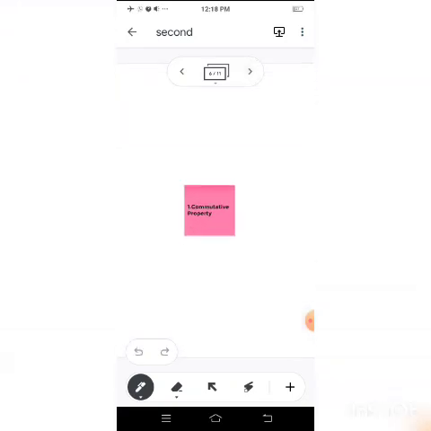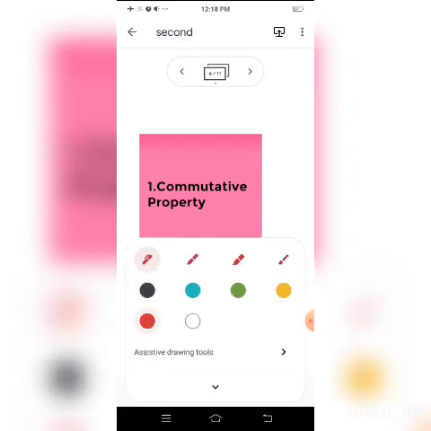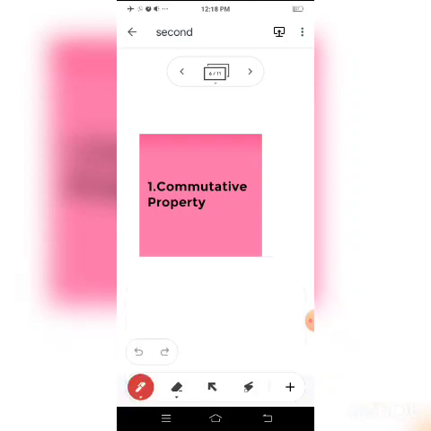The first property is the commutative property. What is the commutative property? Here the well-defined operations are addition and multiplication. We know that 2 plus 3 equals 5 and 3 plus 2 is again 5. Whatever the order, if we interchange it, we get the same answer. This is the commutative property of addition.